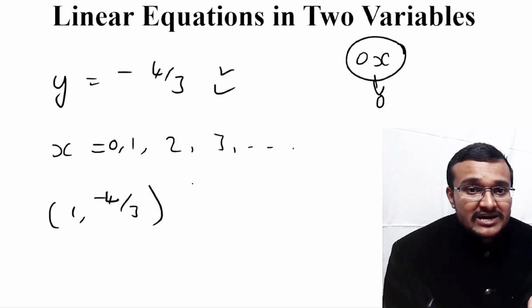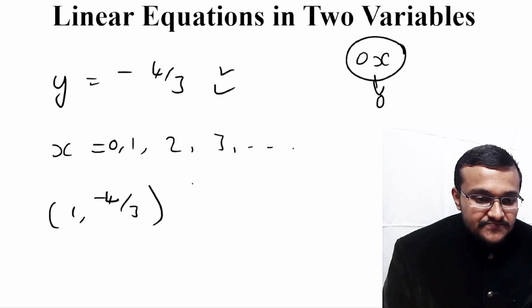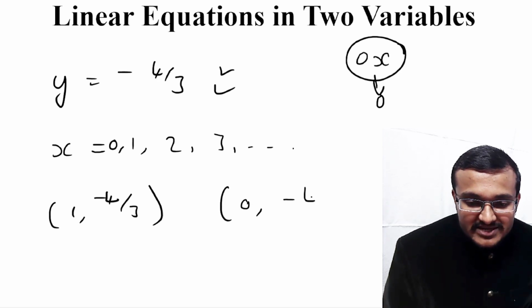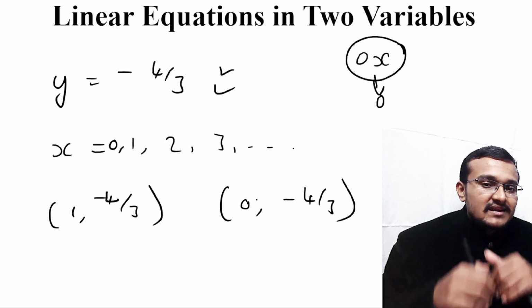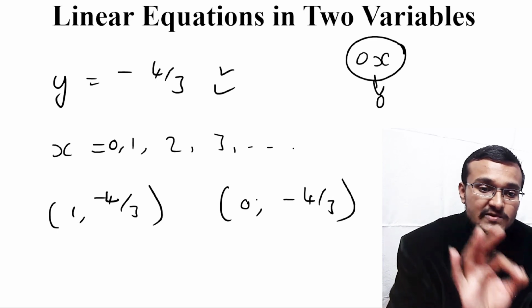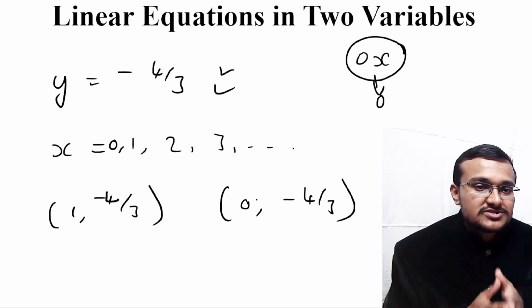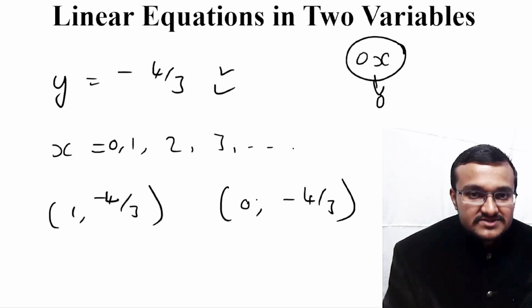You can also take negative values for x. You can take any values for x, because 0x will be 0 only. So (1, minus 4 by 3) is one solution, and (0, minus 4 by 3) is another solution. Like this you can go on getting infinitely many solutions, where the y value will always be minus 4 by 3, but for x you can take any value, because the x coefficient is anyway 0.